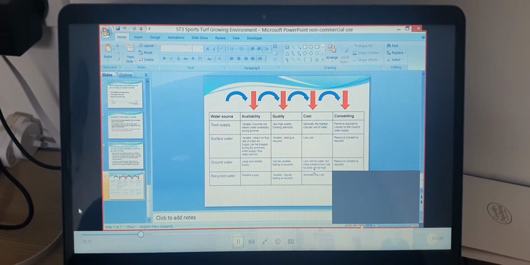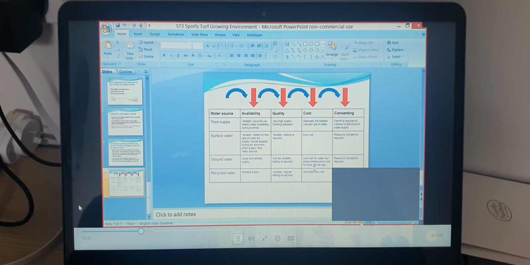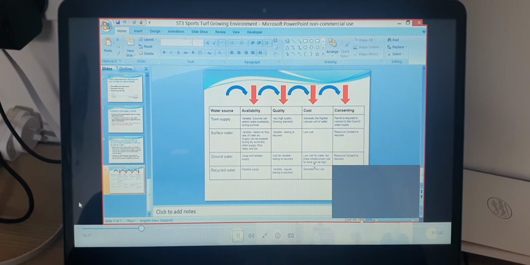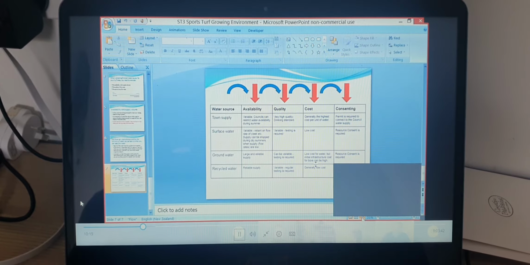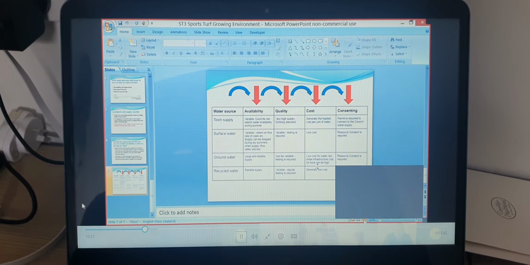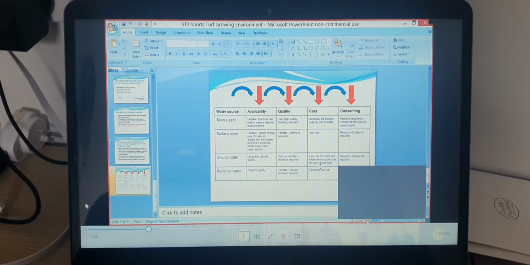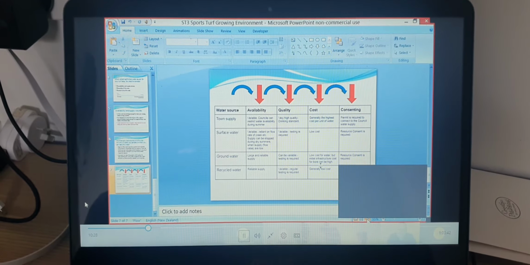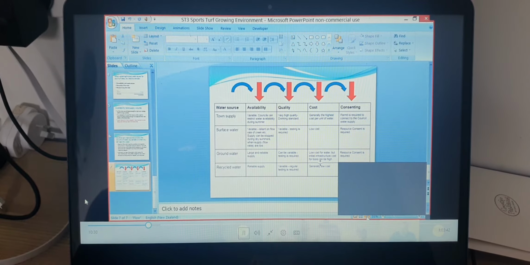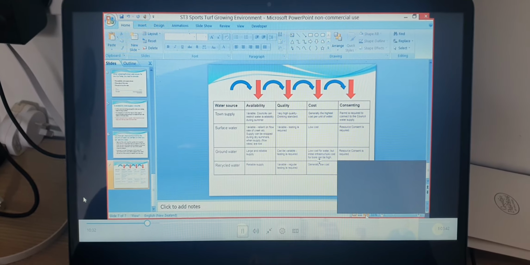So at the source, very critical that all those hoops are gone through, and then you can begin your irrigation system from that point. And I think that is it. Thank you. Any questions?